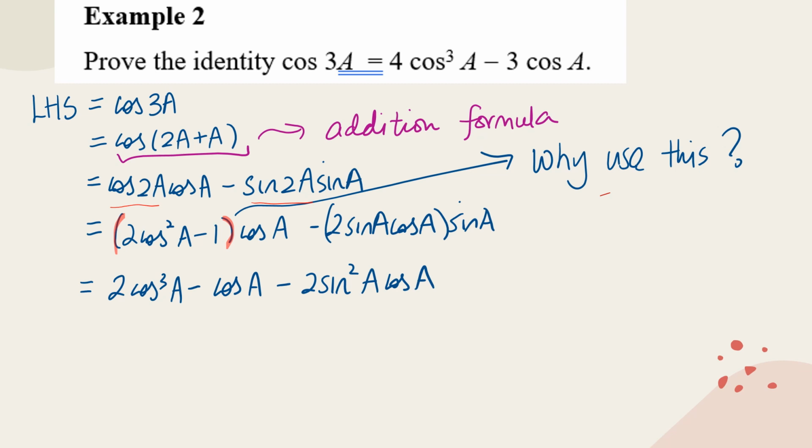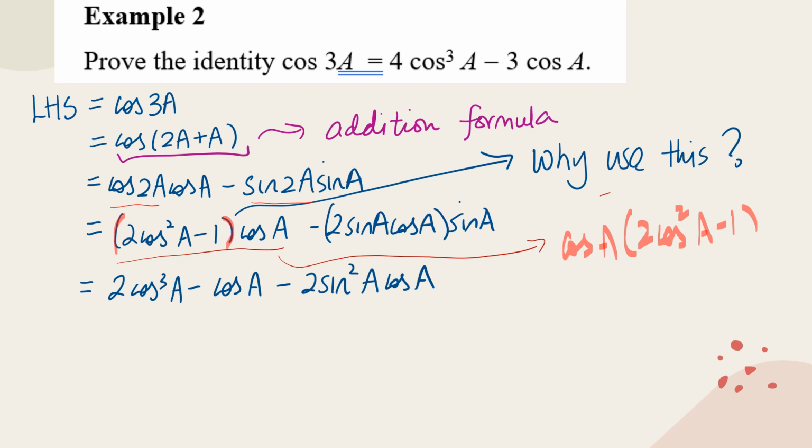Alright, so the next step is that we open up the bracket. If you have difficulty opening up the bracket, what you can do is shift cosine a, put cosine a in front of your bracket. You know what I mean?